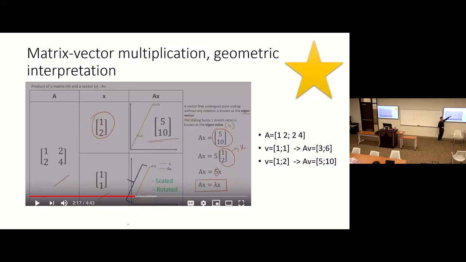This is a special data point. Because when you use this operator on this very special data point, it becomes 5, 10.